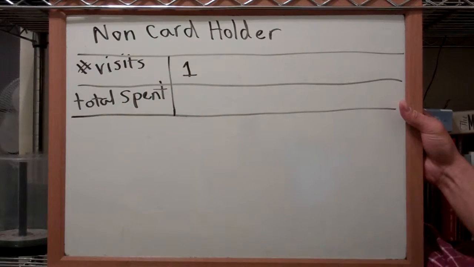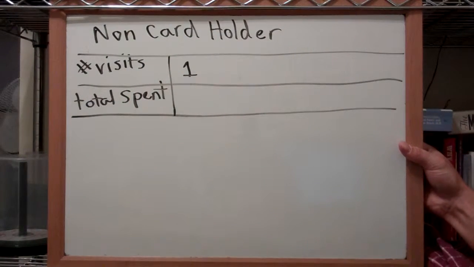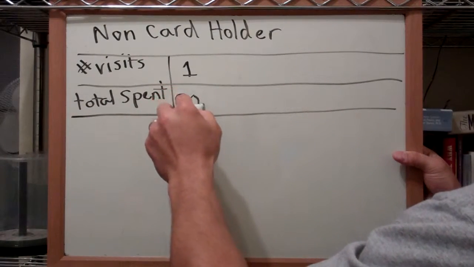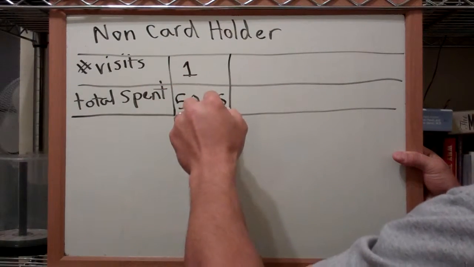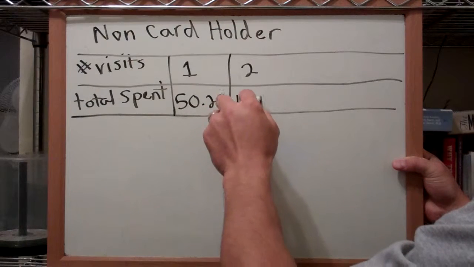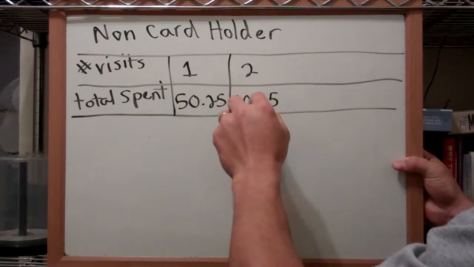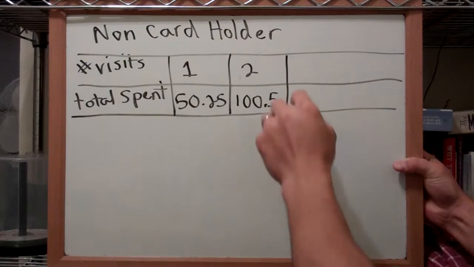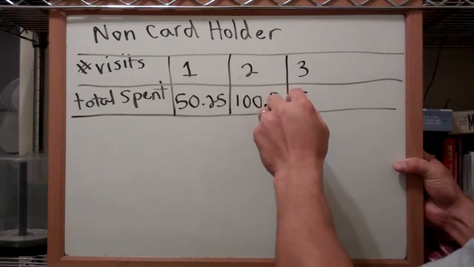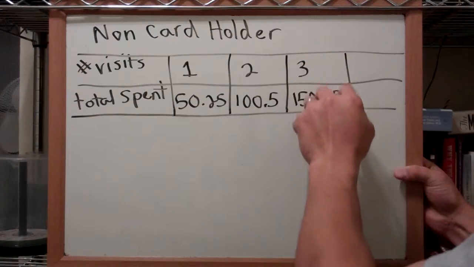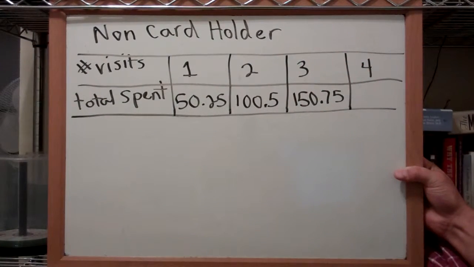After one visit of a non-card holder going to get an oil change and car wash, they would have spent $50.25. After 2 times, they're going to spend $100.50. After 3 times, they're going to spend $150.75. And so on and so forth.